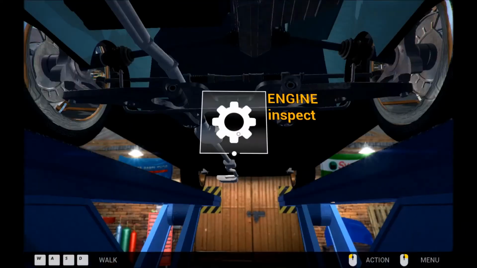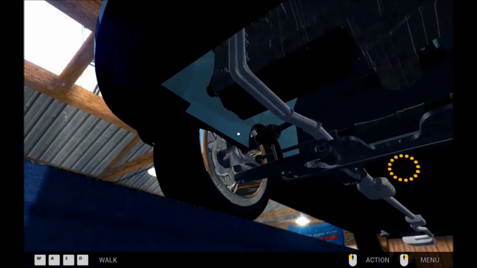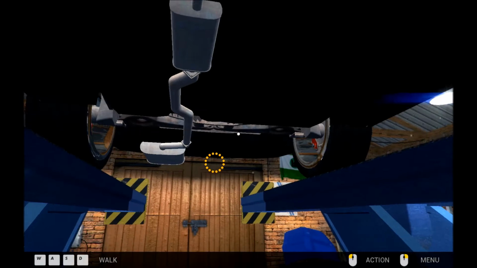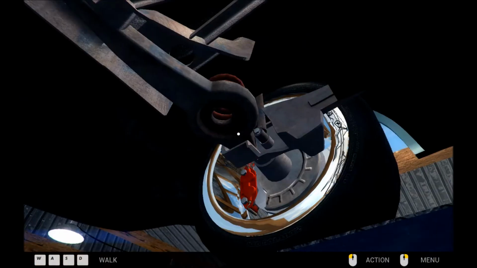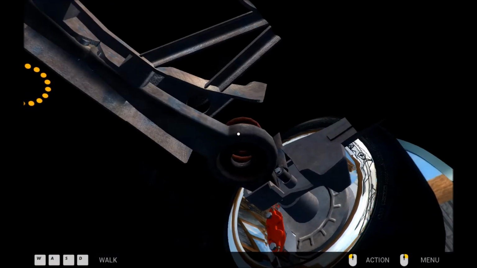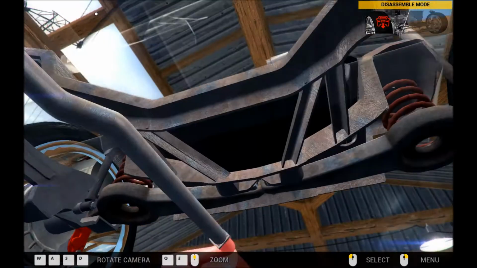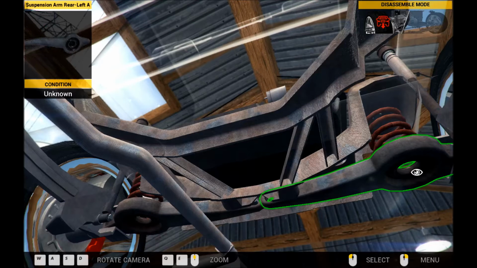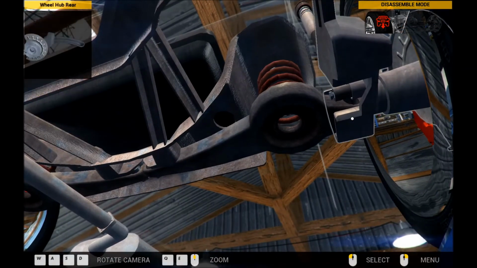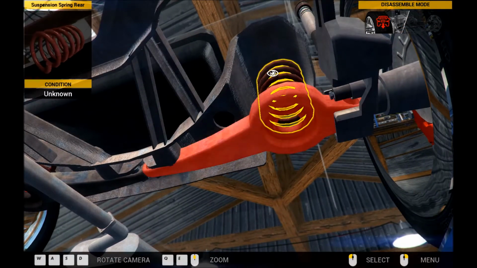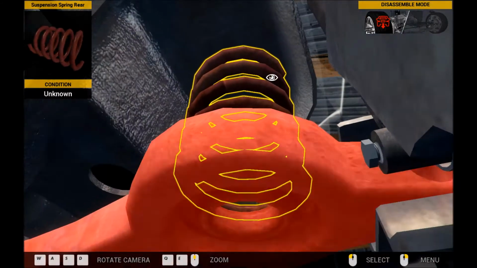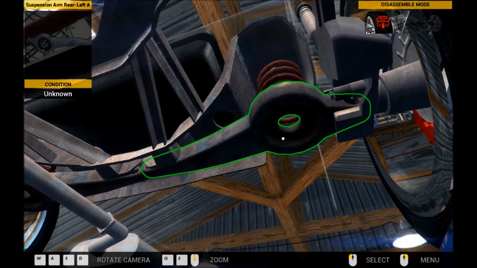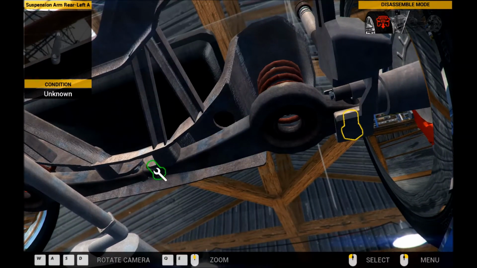Right. Oh, is it his wheels now? No, the wheels look alright. The faster he goes. Oh, we can take this off, look.